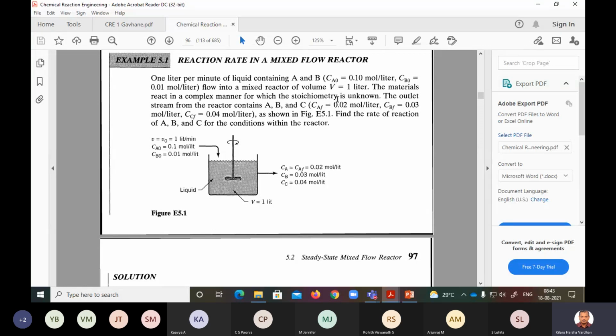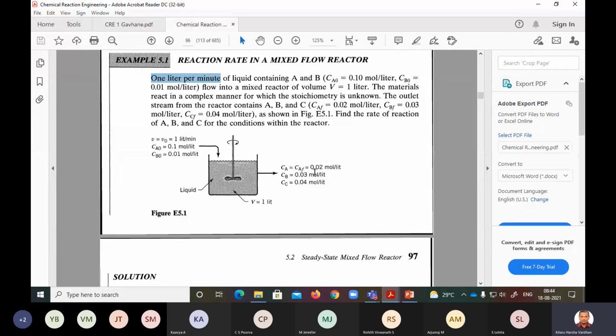The volume is given as 1 liter. Then the volumetric flow rate he gave you is 1 liter per minute. That means the inlet volumetric flow rate V0 is 1 liter per minute, and he is giving you the initial concentrations of A and B. Ca naught is 0.1, Cb naught is 0.01, and he is giving you the outlet concentrations.